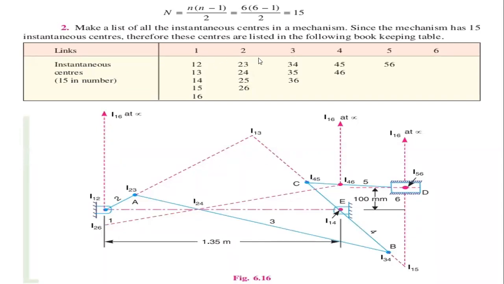In the table we have taken all the links, 6 links in total. Since the mechanism has 15 instantaneous centers, these centers are listed in the following bookkeeping table.